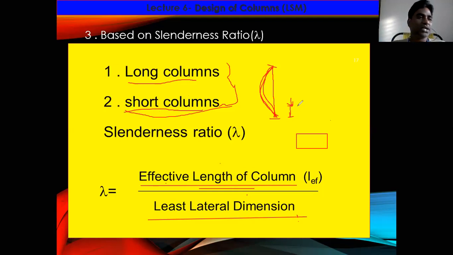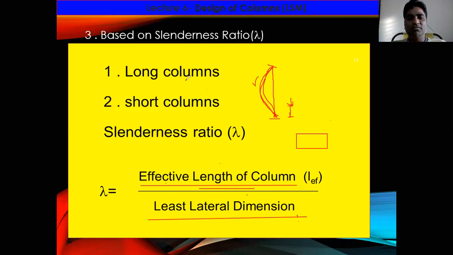Just like if you take a small piece of soil and press it, it will crush, right? So the failure pattern will change based upon the type of the column. If it is a long column, it will fail by buckling.